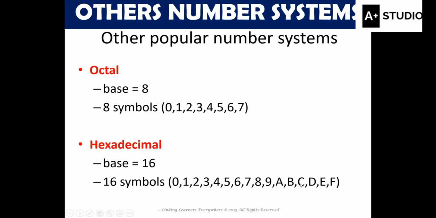So instead of writing 10, we represent it with A, and instead of 11, with B. A word like FACE in base 16 means F is 15, A is 10, C is 12, and E is 14. We'll see all these examples as we go on.